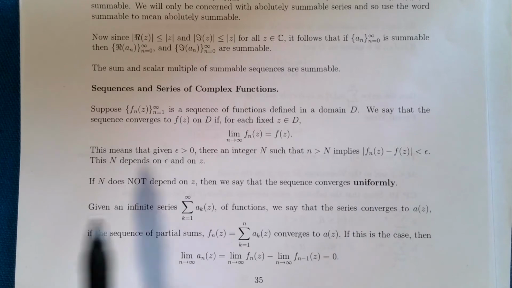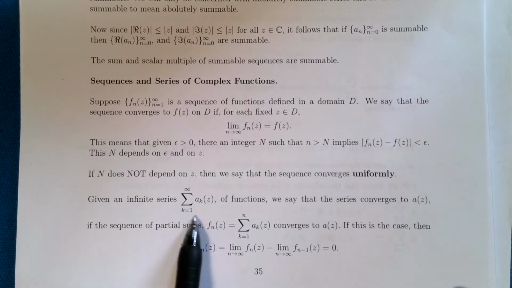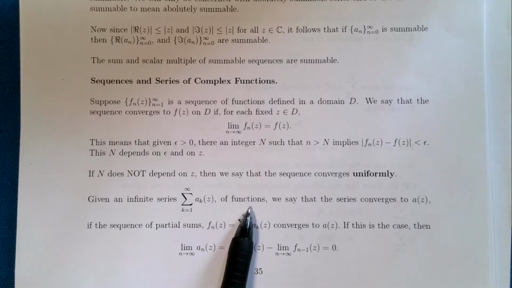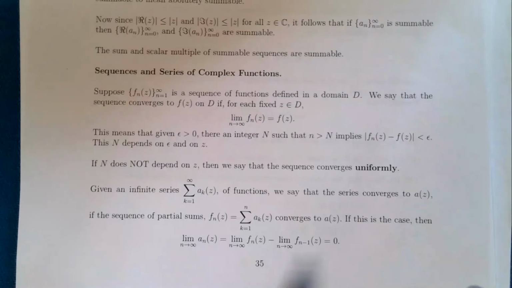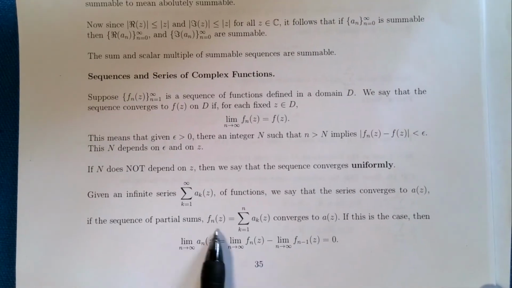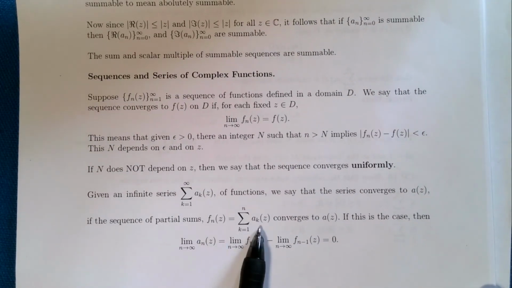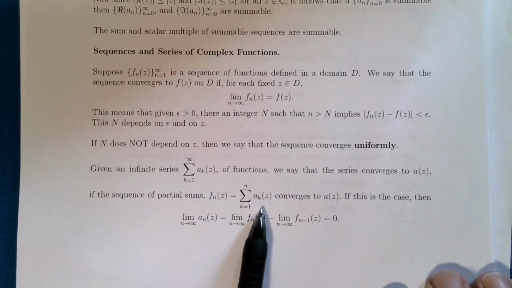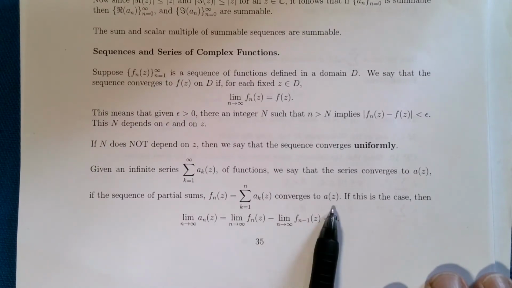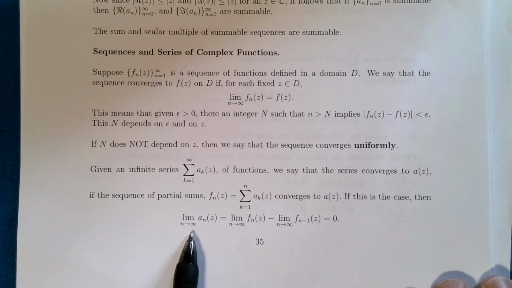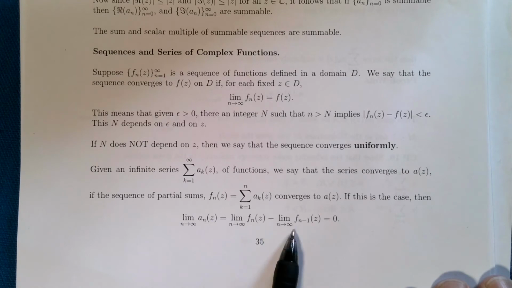So given an infinite series, sigma of a sub k of z of functions, we say that the series converges to a of z if the sequence of partial sums, here's our sequence of partial sums, converges to a of z. In this case, this limit is the same as the difference in these two limits, which is 0.